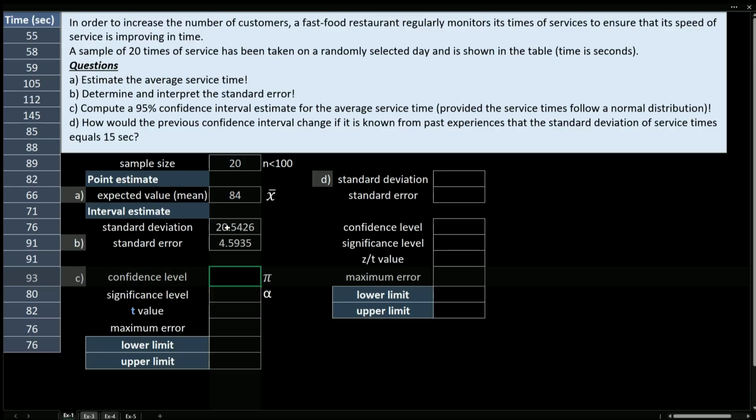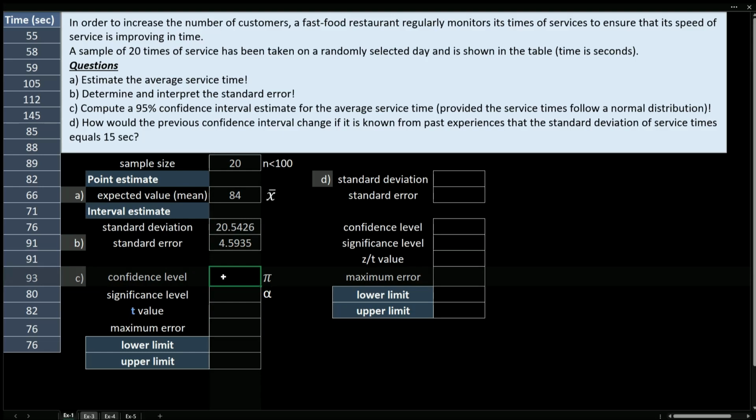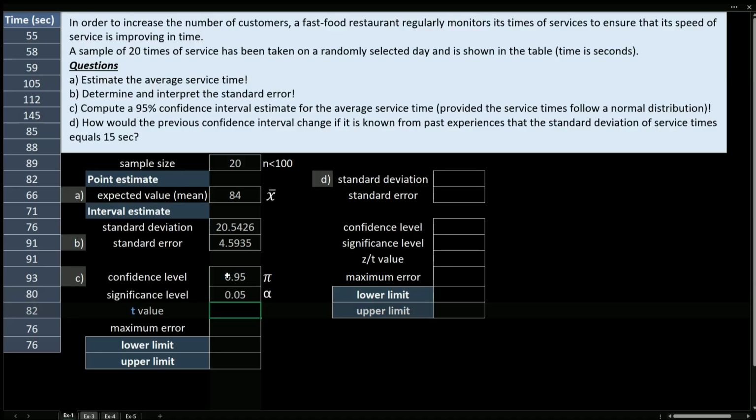Standard deviation we found from the sample, and standard error is standard deviation divided by root n. Now for confidence level, we can see the confidence level here, 95%, 0.95. Significance level is 1 minus confidence level, which is 5%.